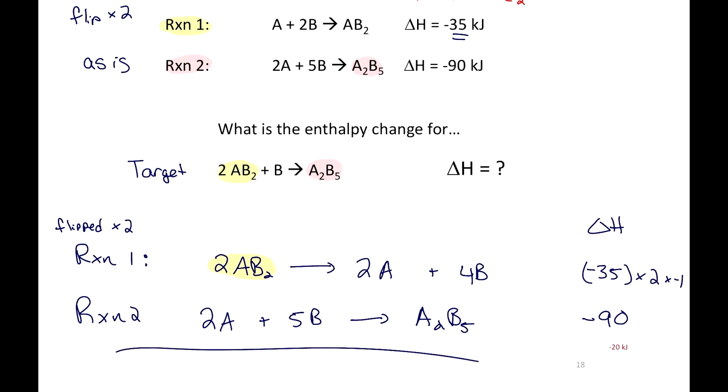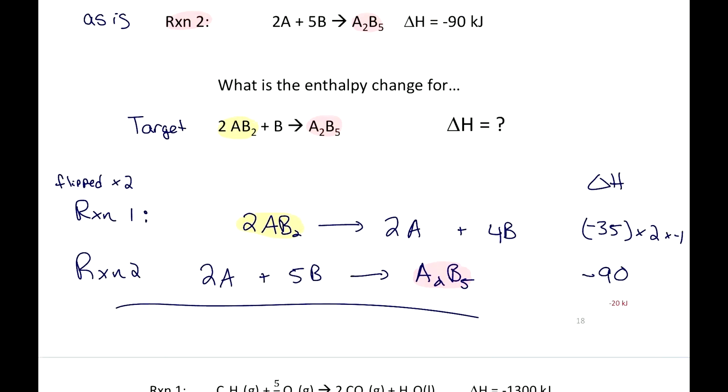This is the reason I write the new reactions because I want to ensure I get my target reaction at the end. So let's add these 2 reactions up, okay? So add up all of the reactants on the reactant side and all of the substances on the product side. Try to cancel things out before you get your total added reaction at the end.